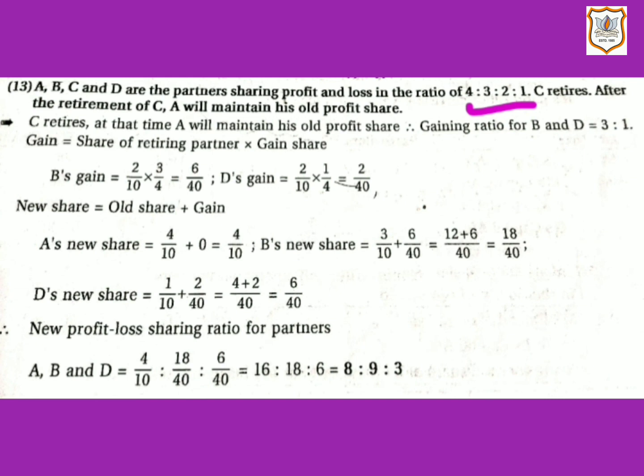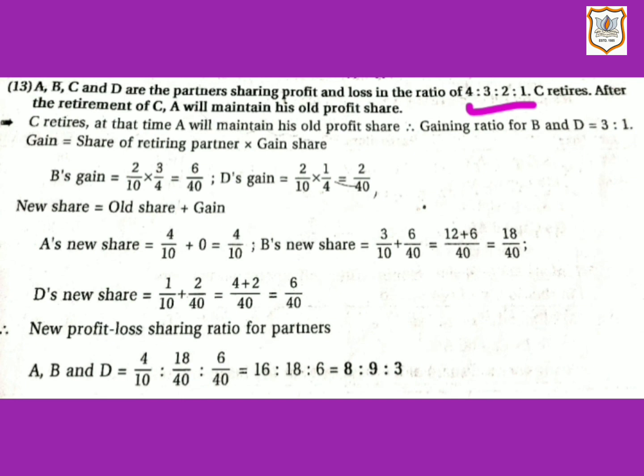So you must note that when one partner retires and no information regarding gaining share and new profit and loss sharing ratio is given, it is presumed that the retiring partner's share of profit is acquired by the remaining partners in their old profit sharing ratio.